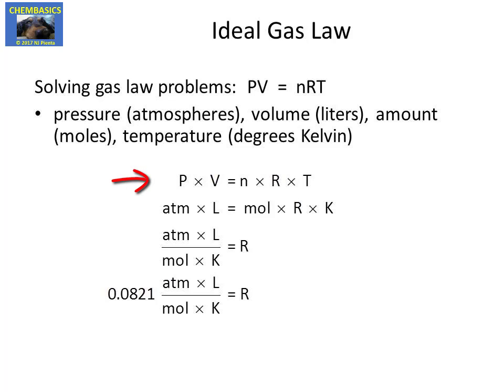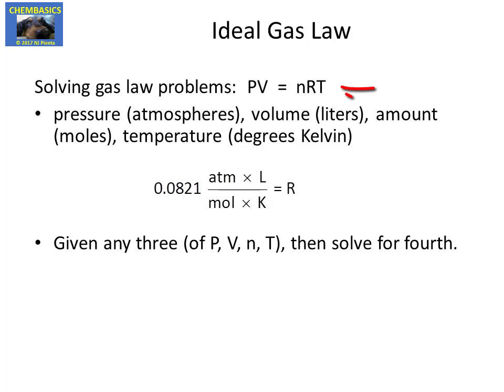So P times V equals the amount n times R times T. If you look at all those units, the value for R must be some number of atmosphere liters per mole degree K, and that value is 0.0821 liter atmospheres per mole degree K. So we would use that value R together with the other properties in those particular units.